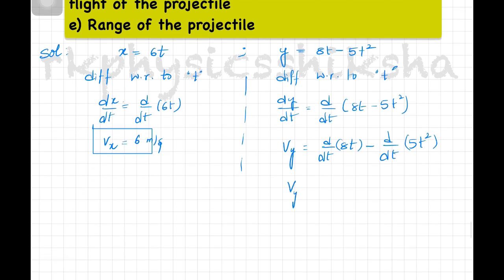So vy is equal to 8, because d by dt of t is 1, minus 5 is a constant times d by dt of t square. We know the very clear formula: d by dx of x power n is equal to n into x to the power of n minus 1. So 2 into t power 2 minus 1, I get 5 times 2t, that is 10t.